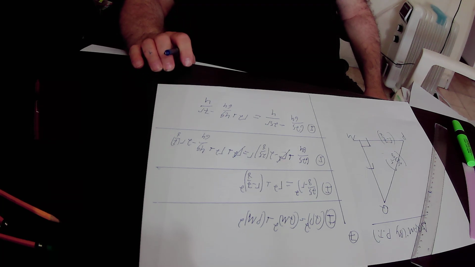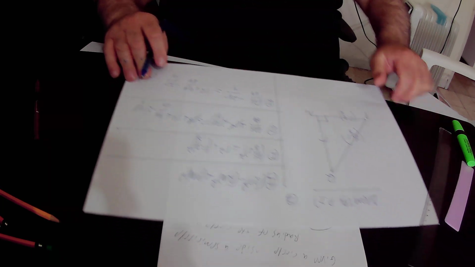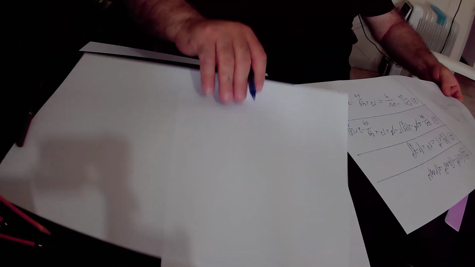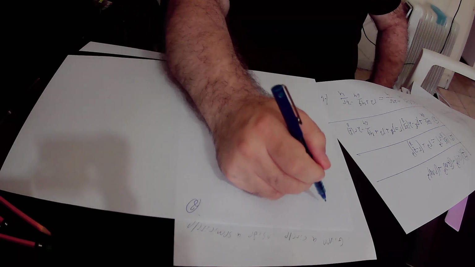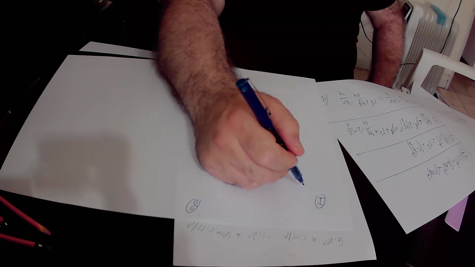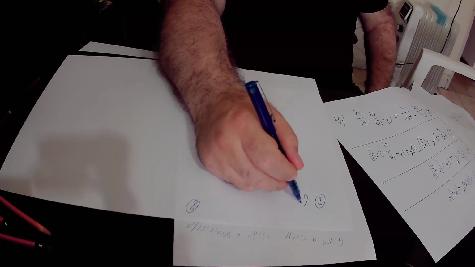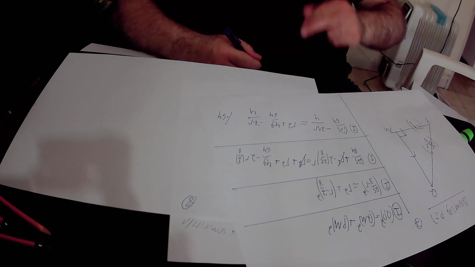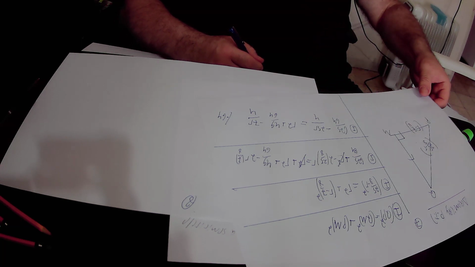Okay, so here we will multiply this expression by 64, and we will get that according to equation number 1, 625 times 64 over 64 is 625, and we have minus 64 over 4, which is minus 16.